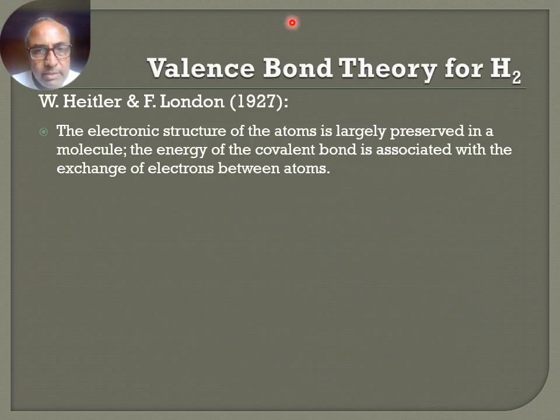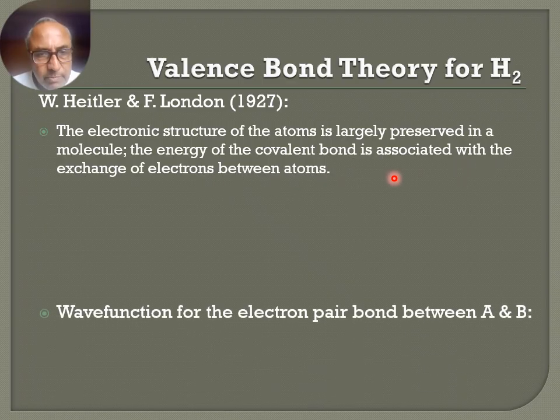Let us now treat the hydrogen molecule using valence bond theory, which was developed by Heitler and London in 1927, based on the observation that the electronic structure of atoms is largely preserved in a molecule, as we can see if we look at the X-ray diffraction pattern of a molecule or a crystal. The energy of the covalent bond is then associated with the exchange of electrons between atoms.